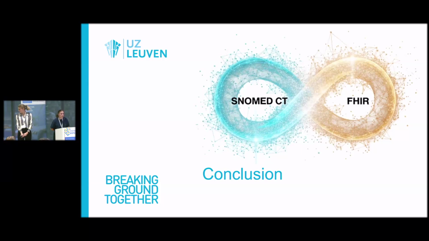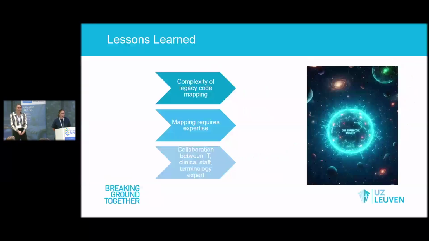That brings us to the conclusions. It was a project that we spent 2 years on, so 20 minutes telling everything we've done is a fast train. So what did we learn?